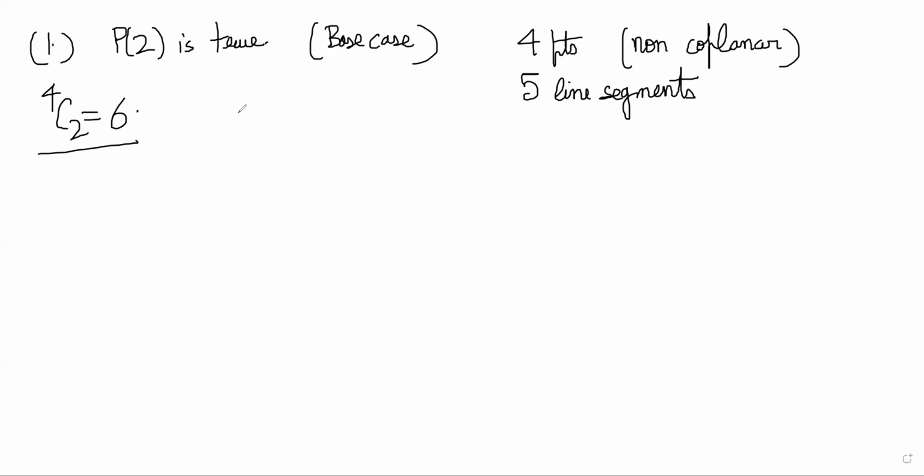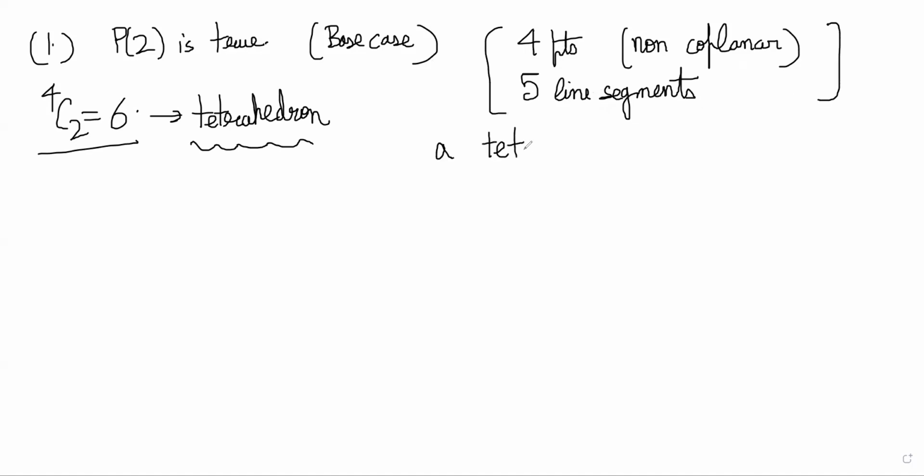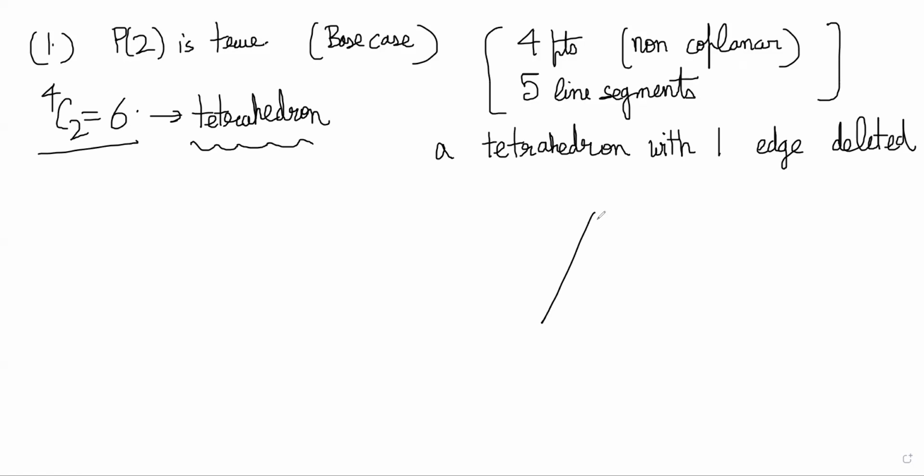And then they would have made a tetrahedron. So if there are 4 points making a tetrahedron, you should have 6 edges. But this basically means that it is a tetrahedron with one edge deleted. Right? So if you draw the figure of a tetrahedron, you will realize that if you delete one edge, you still get two triangles with a common edge.